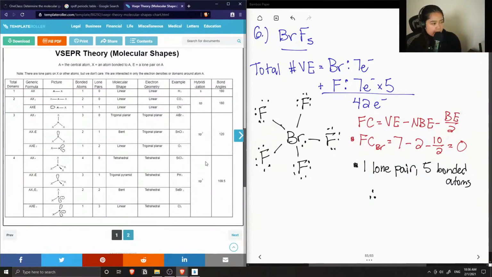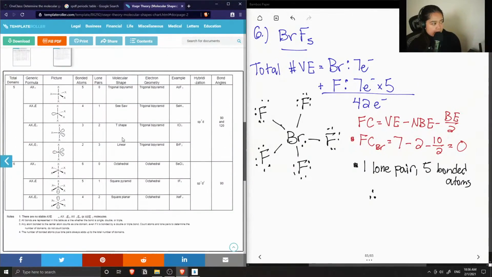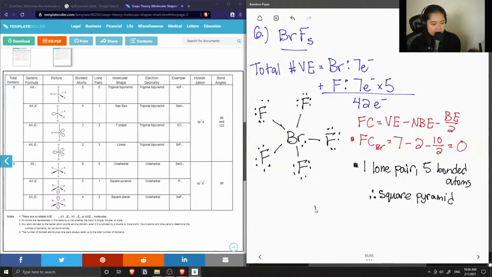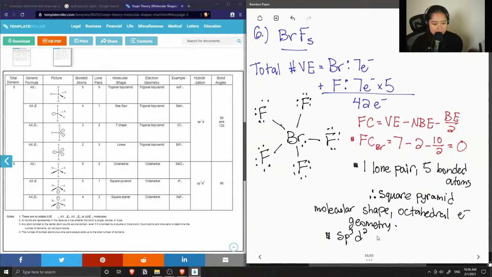So when we have, on the next page, 1 lone pair and 5 bonded atoms, we have a square pyramid molecular shape, and an octahedral electron geometry. And the hybridization of the bromine is sp3d2 hybridized.